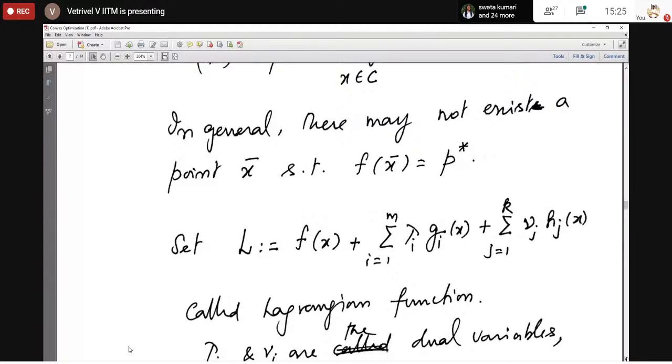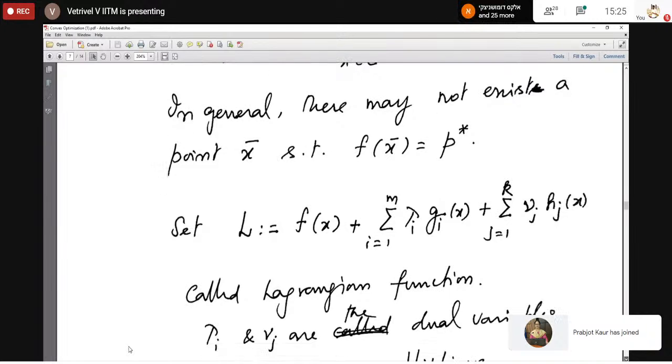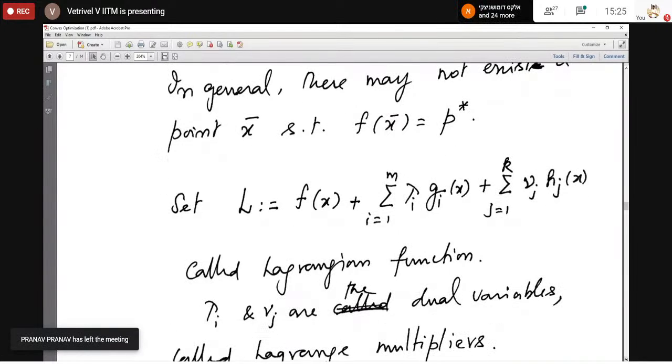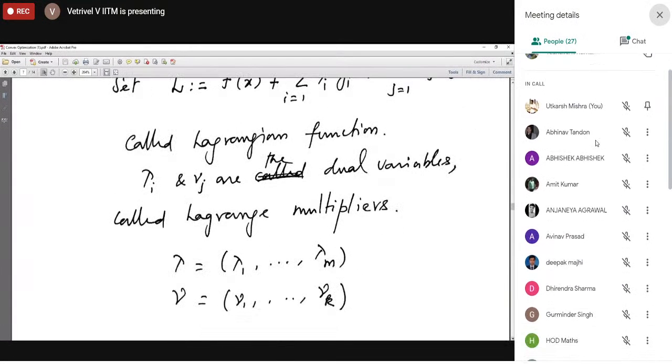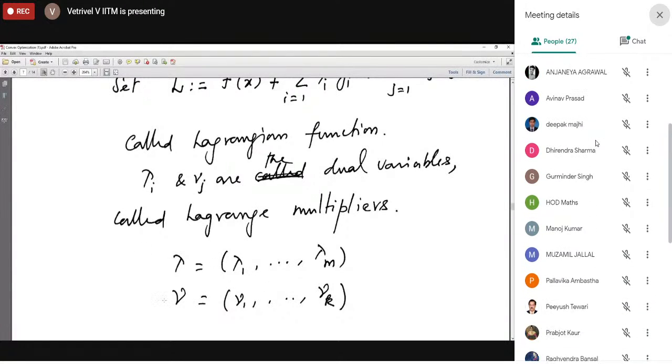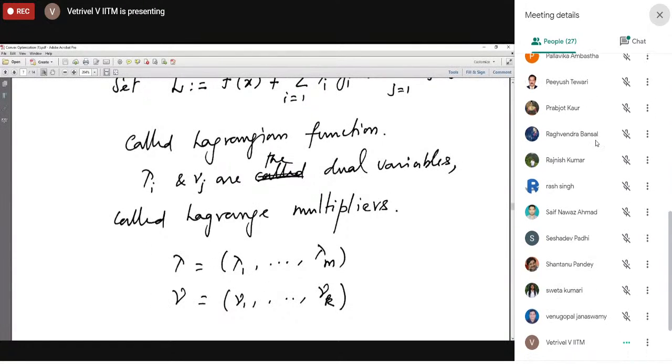You know that in calculus, when we studied only the equality constraints, we studied this Lagrangian function. So these lambda_i and nu_j are called Lagrange multipliers. Sometimes they are called KKT multipliers. KKT means Karush-Kuhn-Tucker multipliers. So this is my lambda, the lambda belonging to Rm and the nu belonging to Rk.